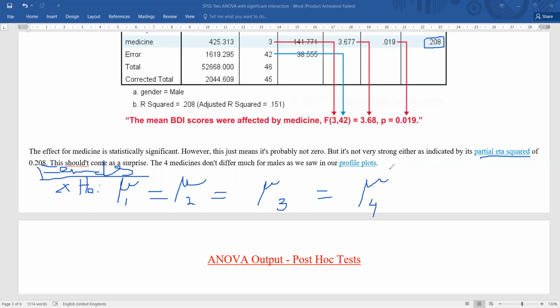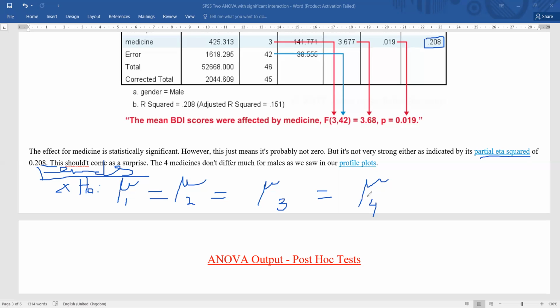A smaller eta square indicates that we have rejected the null hypothesis by a very partial score, which means this p-value is not too small.